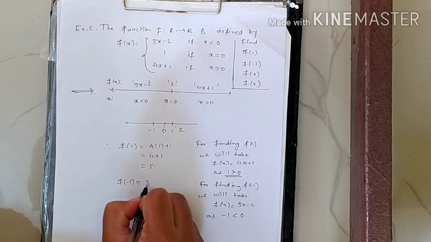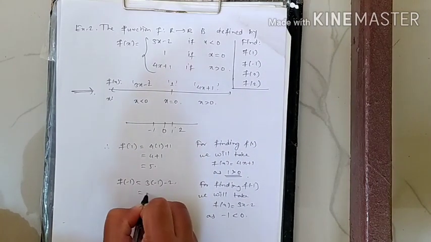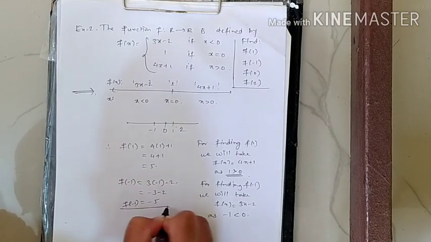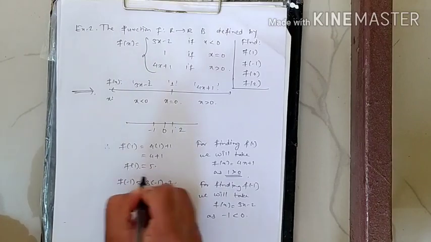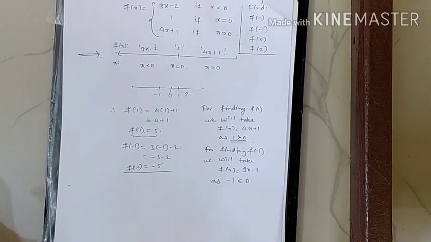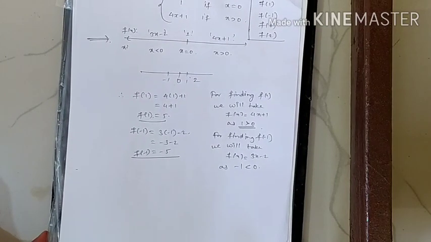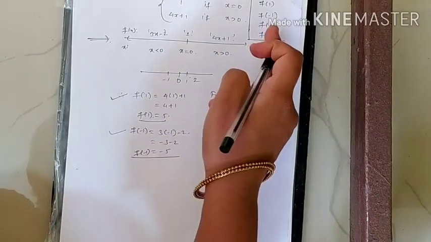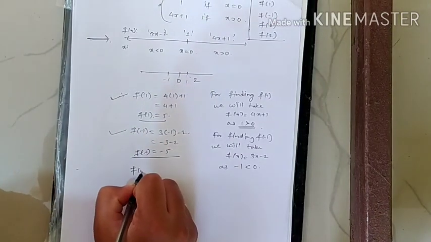So this is equals to 3 into minus 1 minus 2. So minus 3 minus 2 is equals to minus 5. So f of minus 1 is minus 5. F of 1 is 5. Getting? Is it visible student? Yes. I will shift the pad. Okay. Now f of 0.